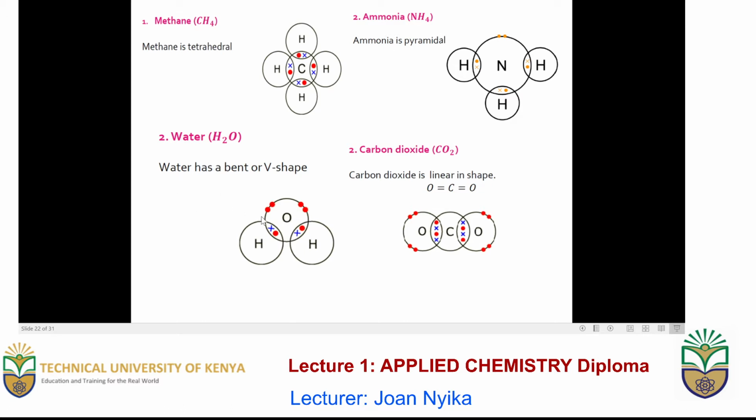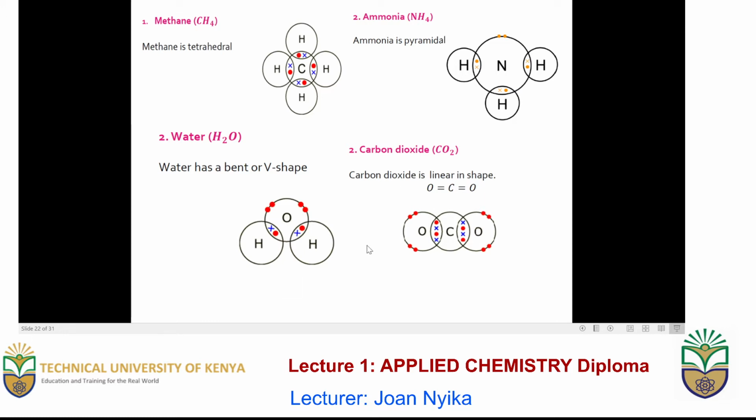Water, on the other hand, is made of oxygen and 2 hydrogen atoms. Oxygen is deficient of 2 electrons in its outermost shell, and it ends up sharing with those of the 2 hydrogen atoms to get to an octet state.